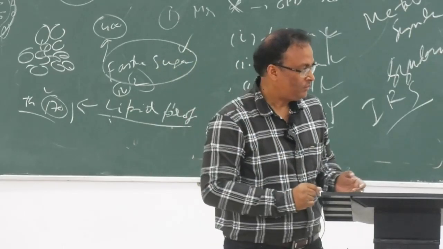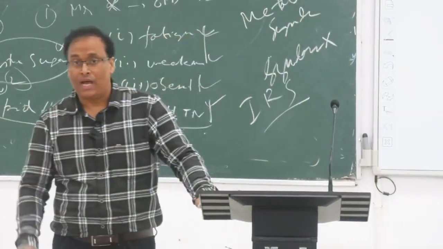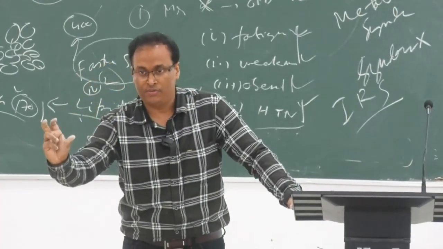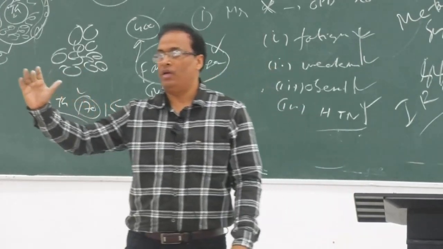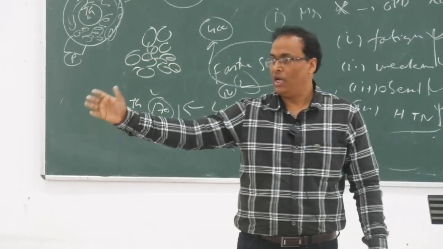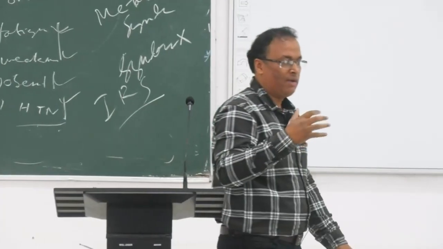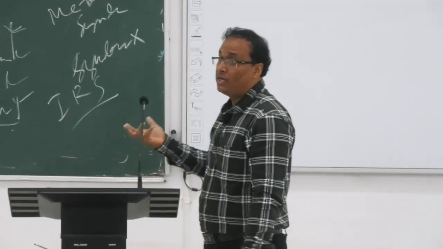Okay. So in this case, what is happening is hyperinsulinemia, insulin resistance, metabolic syndrome, and then it will come into cardiovascular problems, cancers, infertility, depression, Alzheimer's disease, everything can happen.